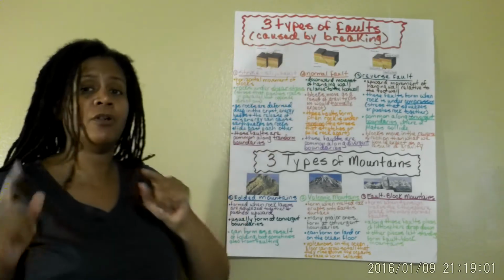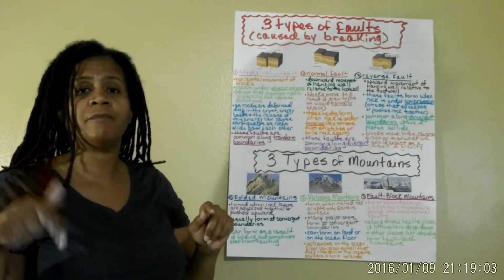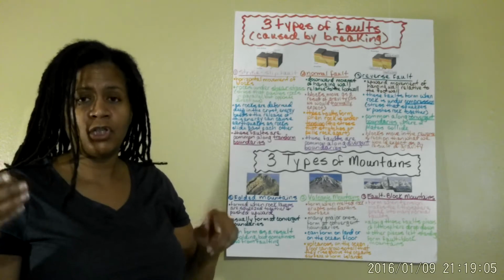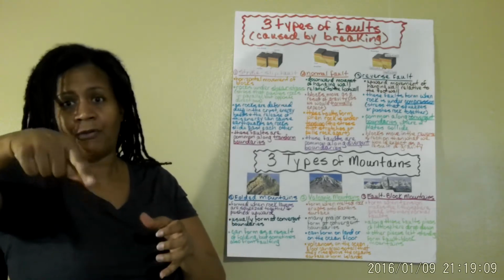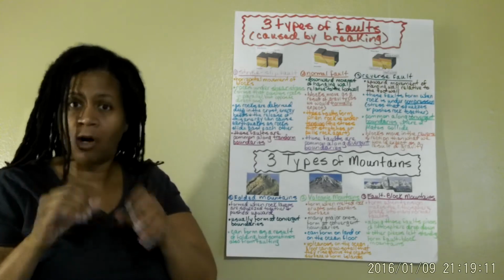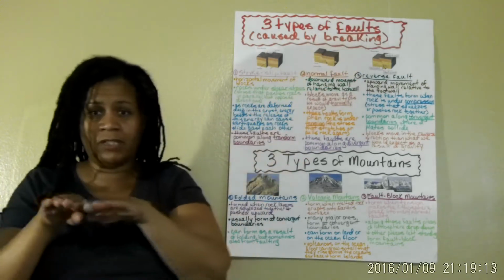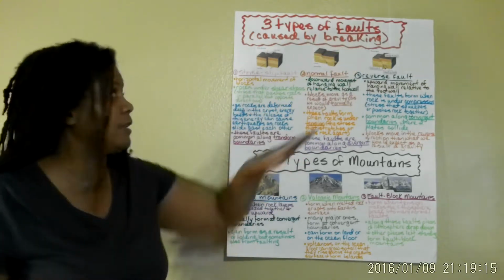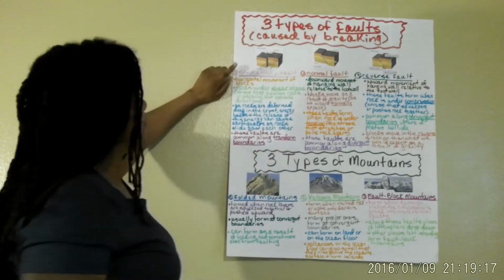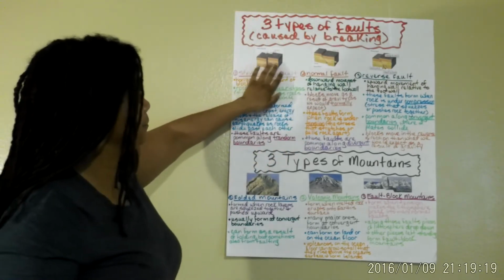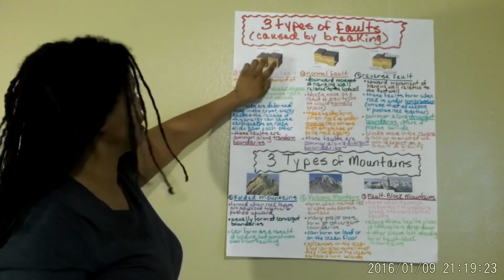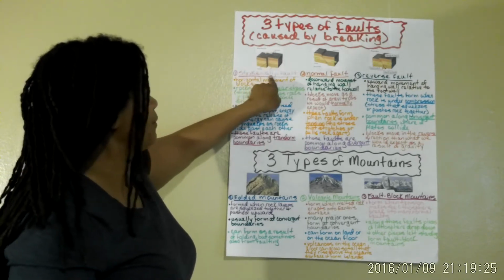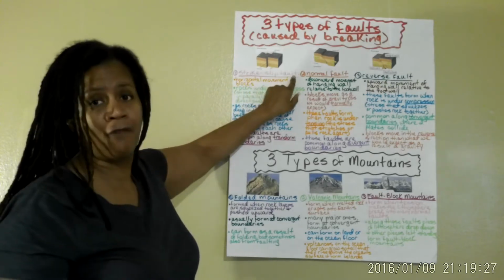Okay, and remember, faults are caused from breaking. So if rock breaks and there's that crack between, that's a fault. That's the break between the two tectonic plates. So at one boundary between these two plates, we can have a strike slip fault.